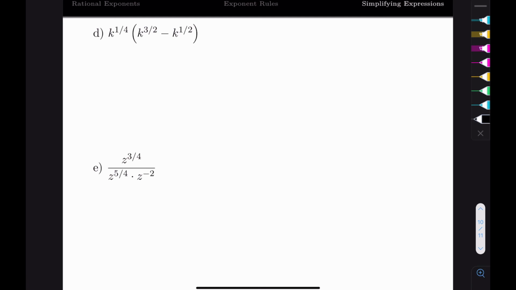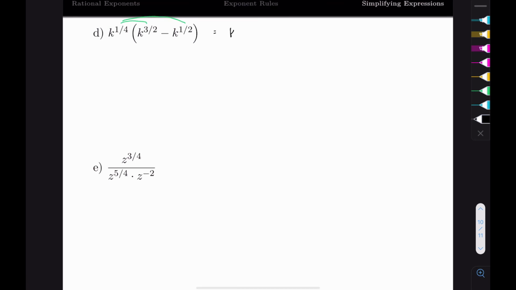So let's just try a couple more. We've got k to the 1/4, and then we're going to multiply it by this expression. So just like we would before, we're going to go ahead and distribute this k to the 1/4 to both pieces.